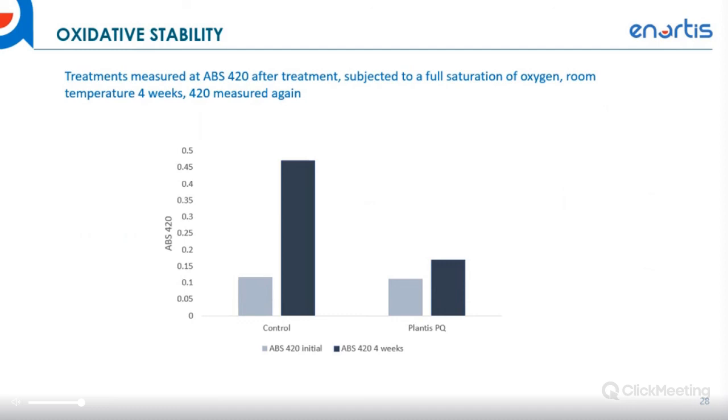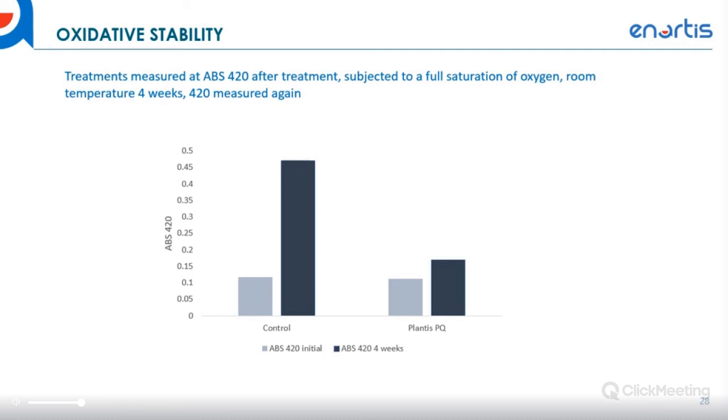Other impacts with using the Plantis PQ: the oxidative stability of wines treated with Plantis PQ is dramatic. Here is a wine that we treated, one without and one with treatment of Plantis PQ. We saturated that wine with oxygen, and then we set that wine aside for 4 weeks at room temperature, and then measured the change in absorbance at 420 from the beginning until the end of the treatment.